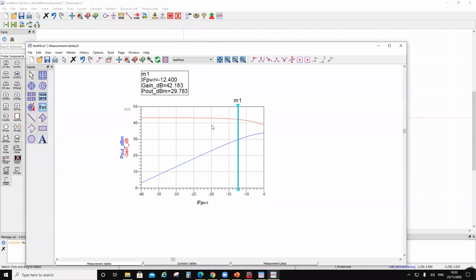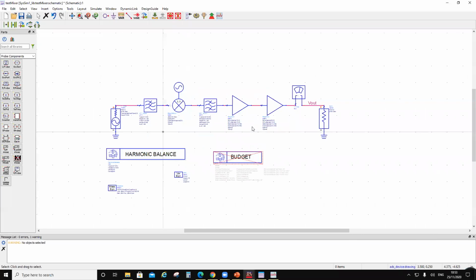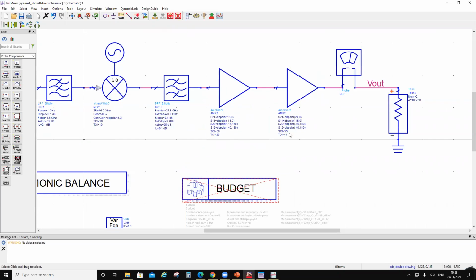So this is a good tool for doing your budgeting. If you design it well, you don't have to do iterations, but you have an option available where you can see how much compression there is on each one, and then you will be able to design it correctly. This is your TOI as well.